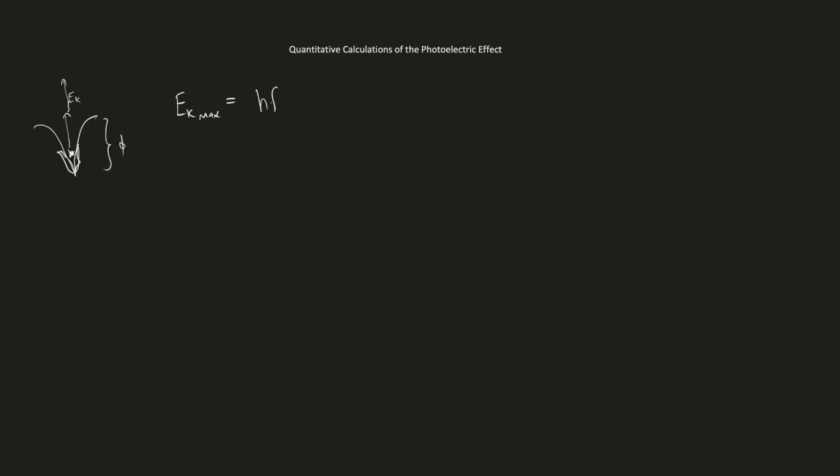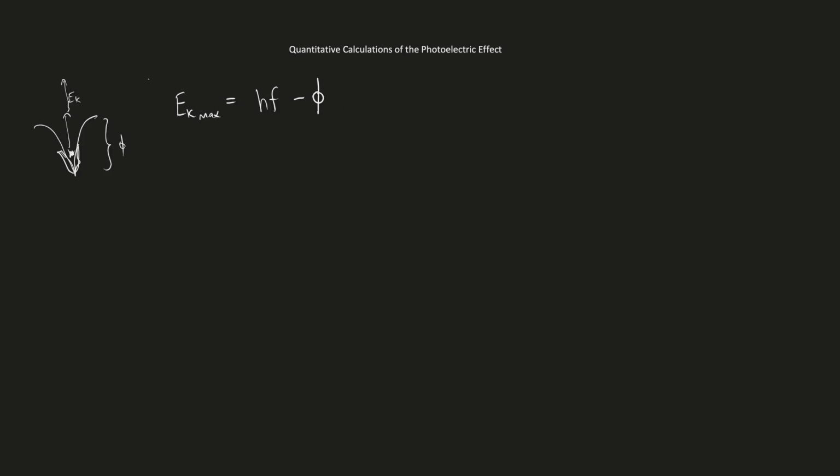We know that E is hf, or you can also write this as hc over lambda. So the kinetic energy of that electron is Planck's constant times the frequency. However, we've got to take away the work function, the amount of negative electric potential we needed to overcome to eject the electron. So now we've got something very useful.